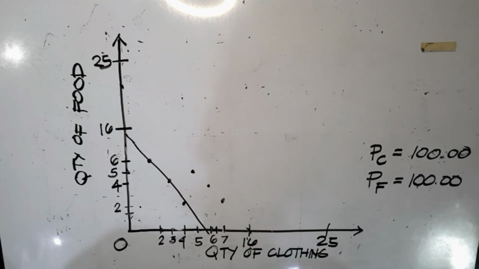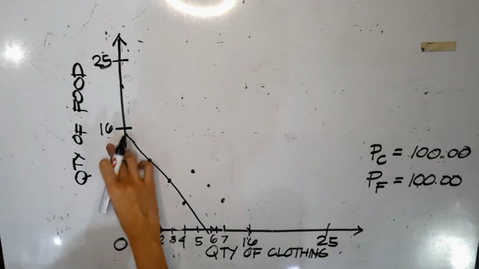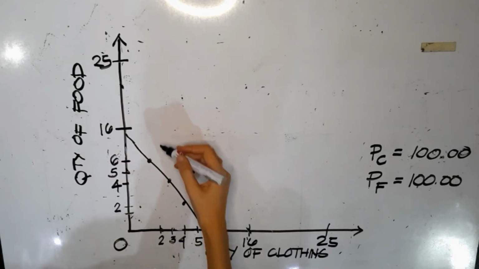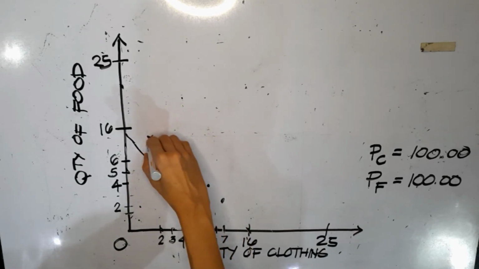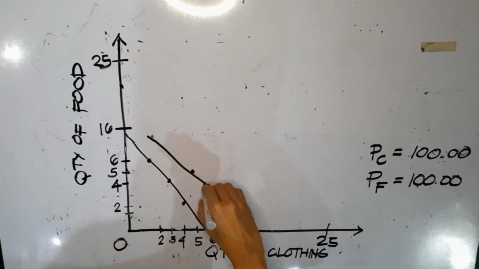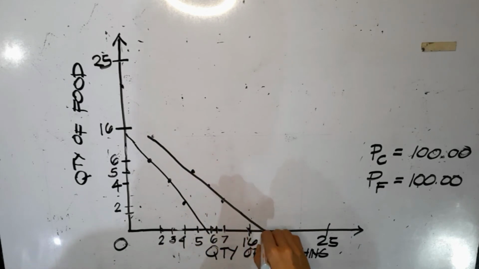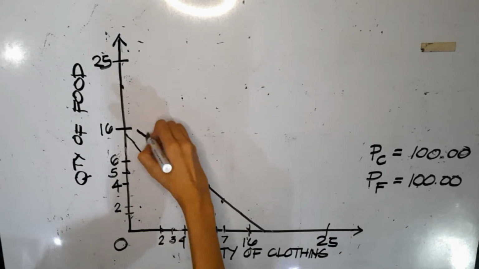Or with 1,000 peso, you can buy 8 clothing and 2 food. So this will be now your new line for budget constraint.